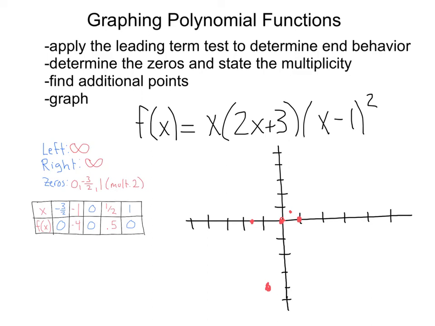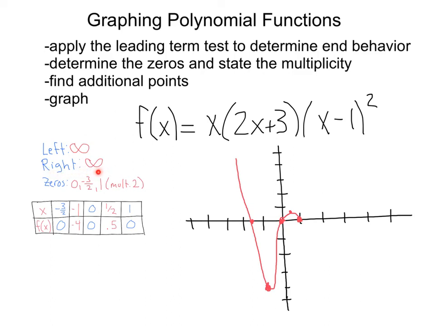Now it's really just playing connect the dots. But you have to keep in mind your end behavior here. On the left, I know it's going up to infinity. So I know I'm starting up here in the up direction. I connect my dots, connect my dots, connect my dots. Then when I get to my last dot, I want to check what my right end behavior is.